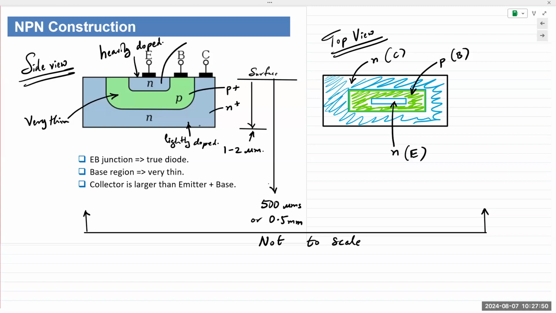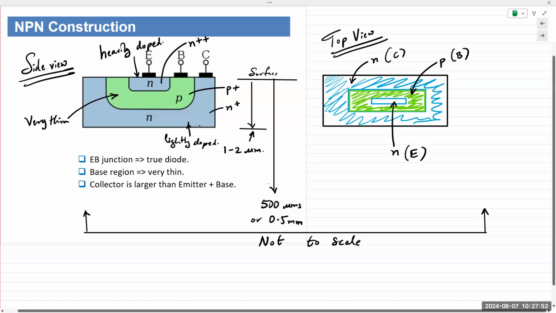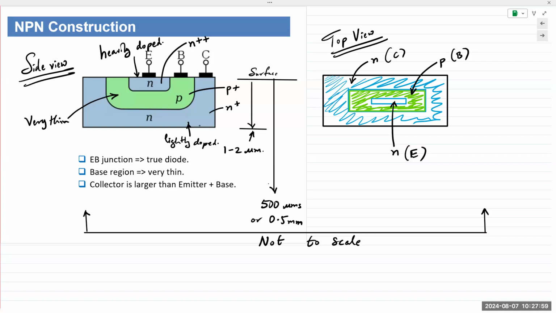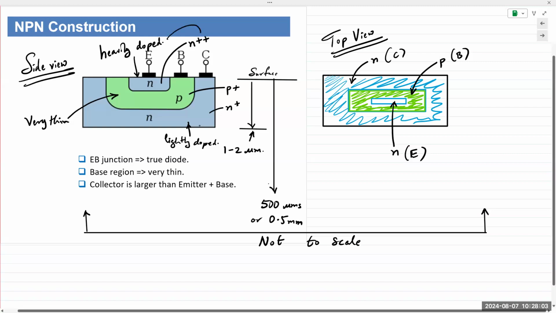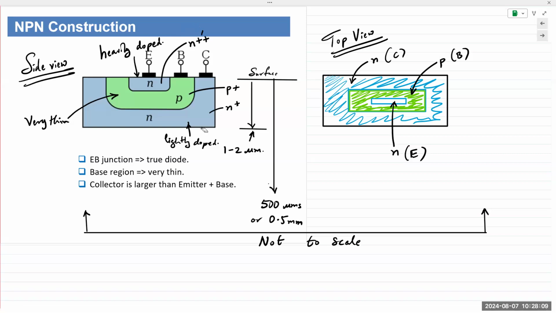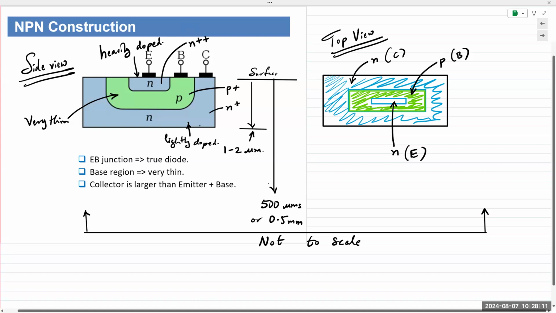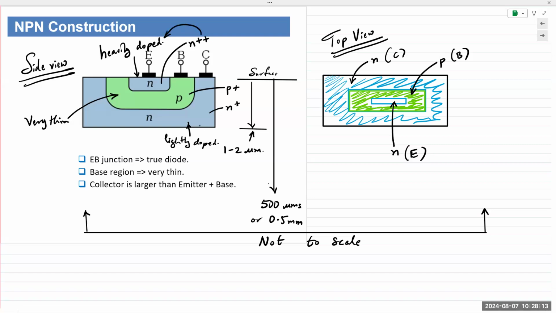And here the emitter can be labeled as N plus plus. That notation simply indicates that it is very heavily doped. That's all. So the plus plus indicates it's very heavily doped.